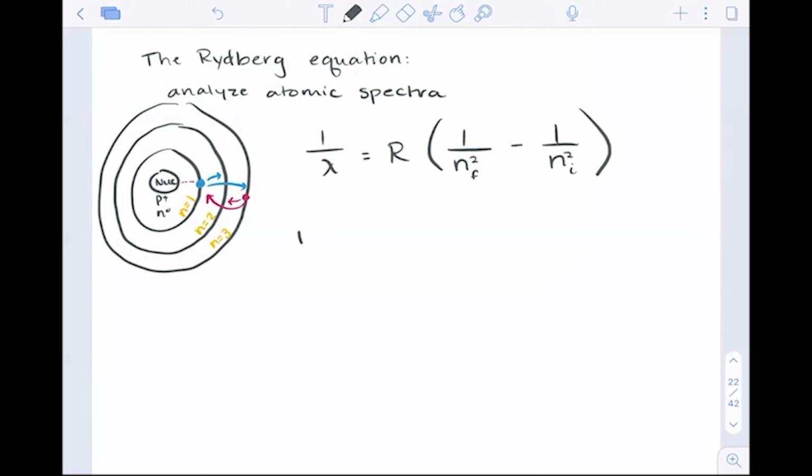For this calculation to work, n final has to be less than n initial. Final should be a lower number, and initial needs to be a higher number.